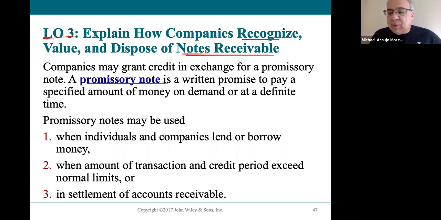So oftentimes what the receiver will do is say, sure, we'll extend it by 30, 60, 90 days, what have you, but we're going to change it into a loan. And thus it becomes a written promissory note. So that's important. But I think a lot of times it's simply that these are created to settle any open accounts receivable that companies need longer amounts of time to pay.